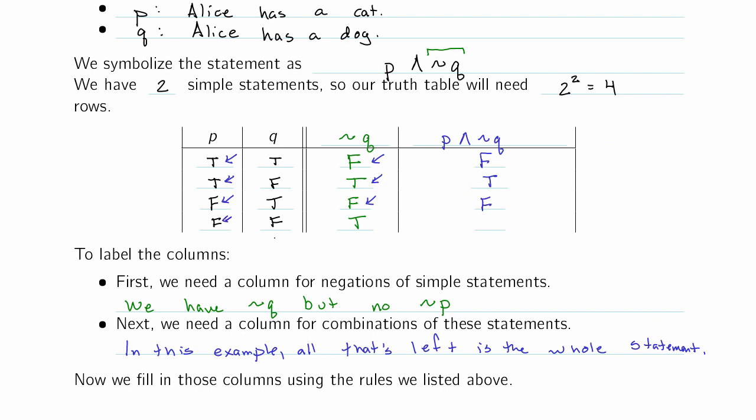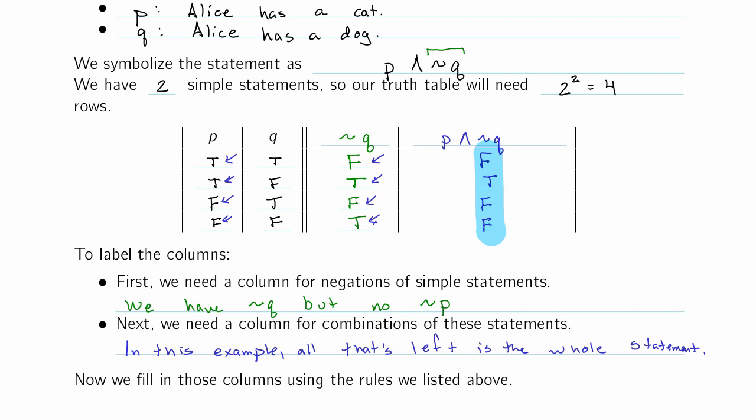Here, P is false, not Q is true. Those are not both true, so the result of and is false. Our final answer to this problem is this column. False, true, false, false. Coming up with that column was our goal.